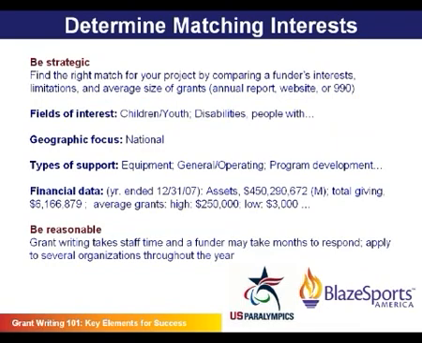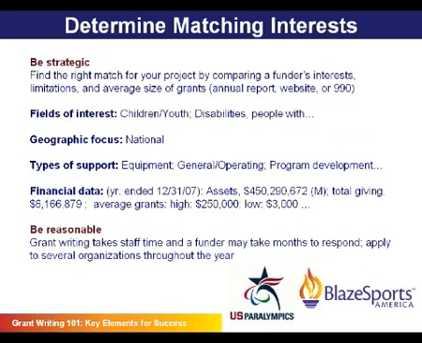Now, in my example, this happens to be the Stanley May, M-A-Y, the Stanley May Foundation in California, and that particular foundation seems to be a good fit for me. They like to fund children or youth initiatives. They also list that they support initiatives for people with disabilities. They give nationally. They're in California.